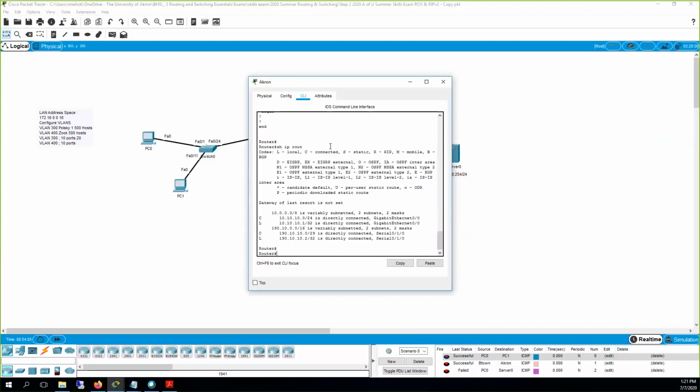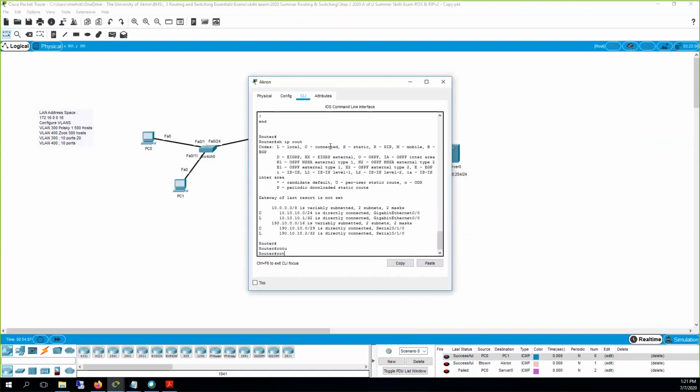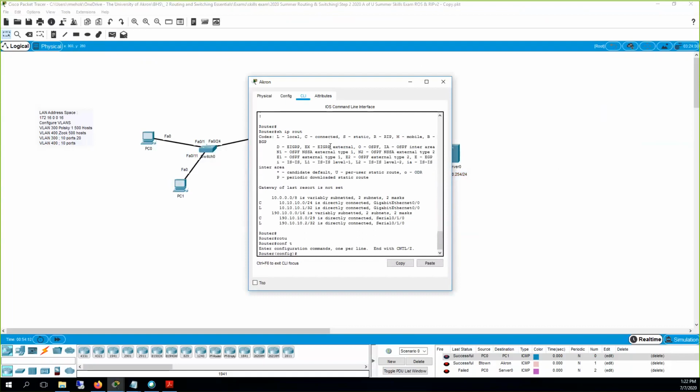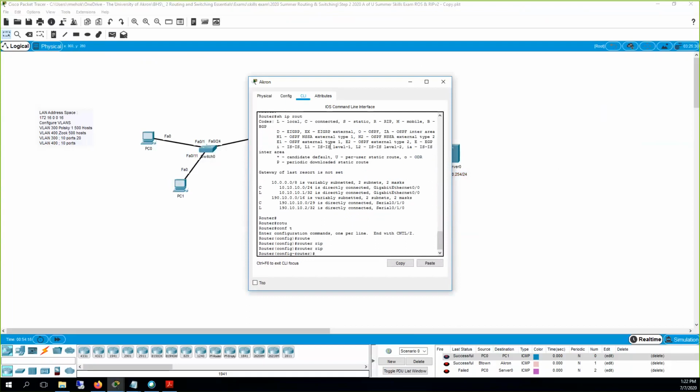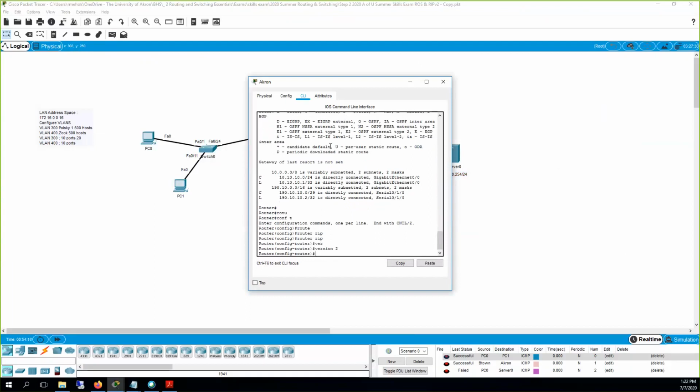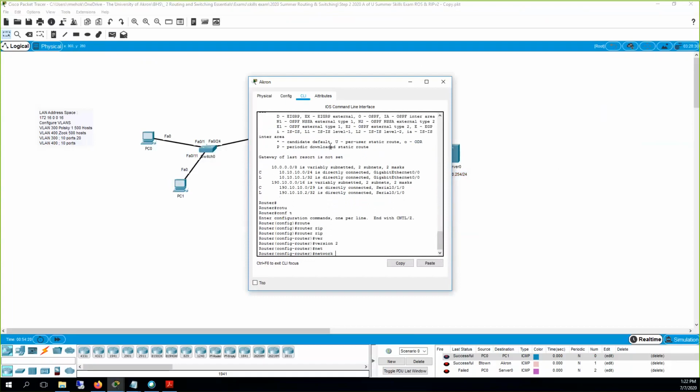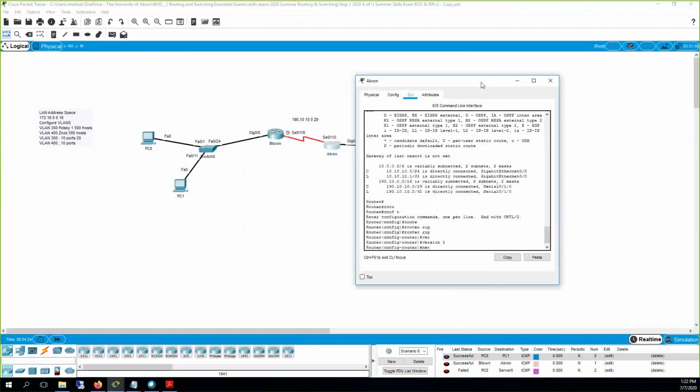So once again, we go config t. Version 2 I want to do right away and then share my network of 190.10.10.